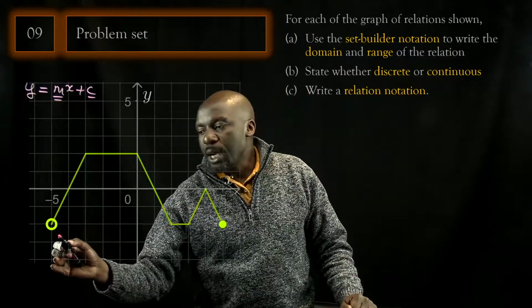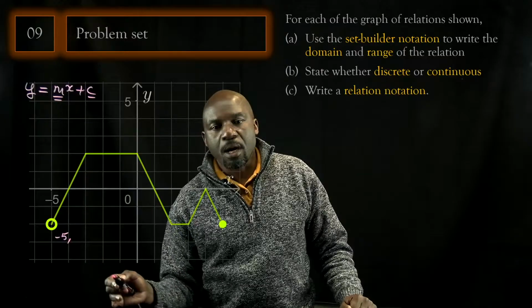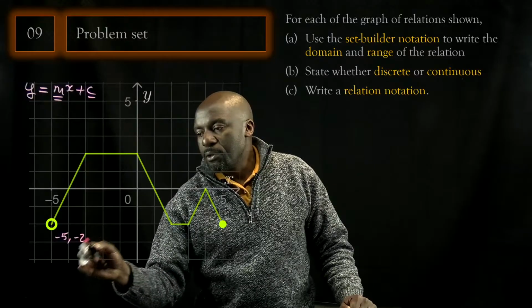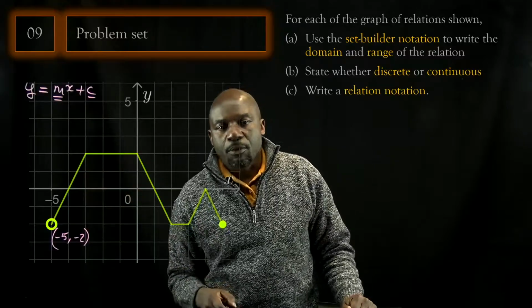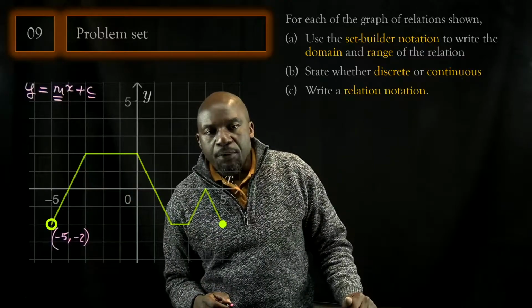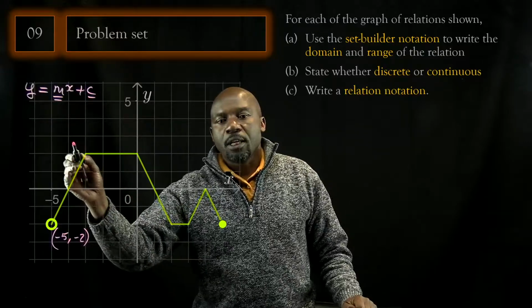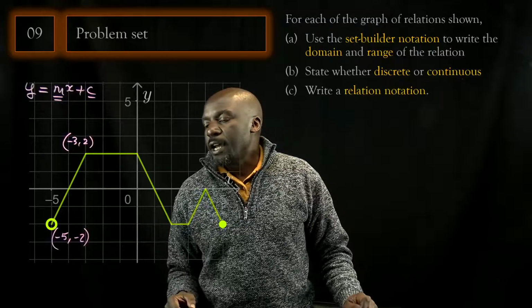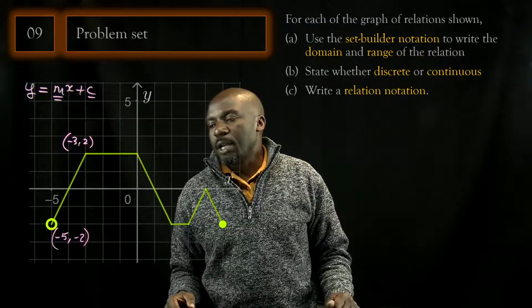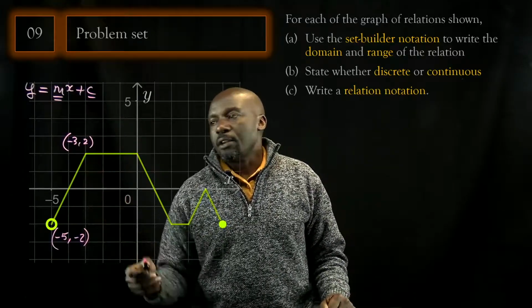This point is (-5, -2), and we can pick another point, let's say here, and that point is (-3, 2). We can use that directly to find the equation of the line by looking for the gradient. What's the gradient of that line?